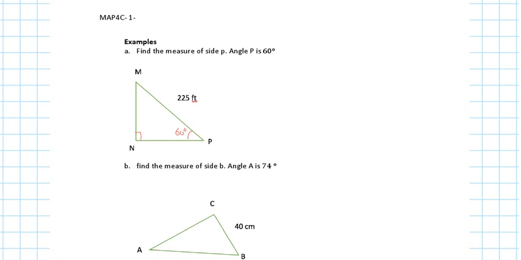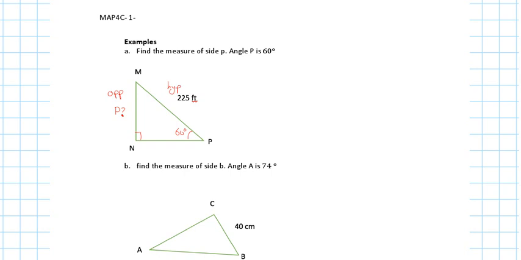So I'm looking for this side. First we're going to have to name the triangle. What do we call side P? With respect to the angle, it's the opposite. And the given side is the hypotenuse. Anyone have any problem naming these? I can slow down.